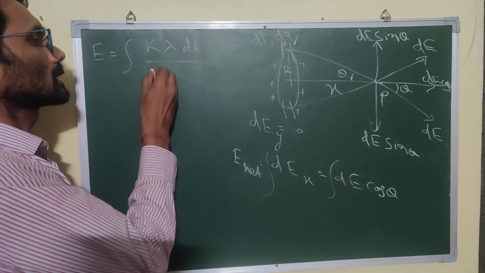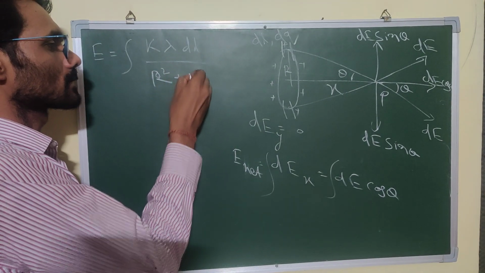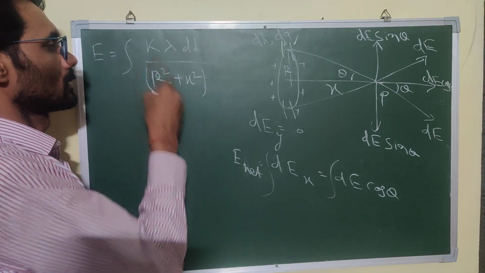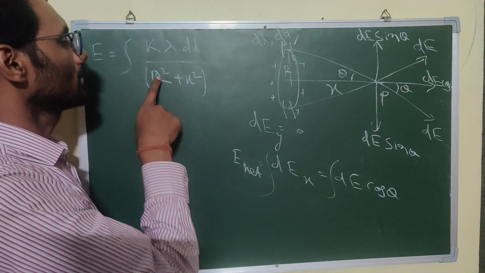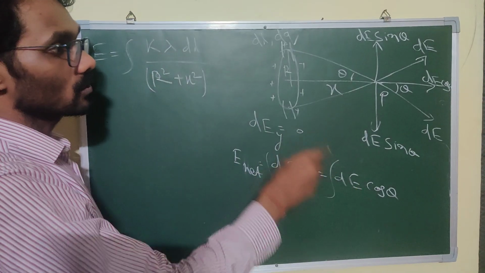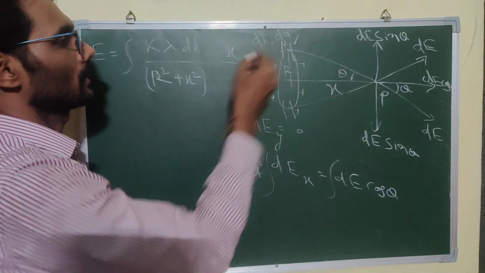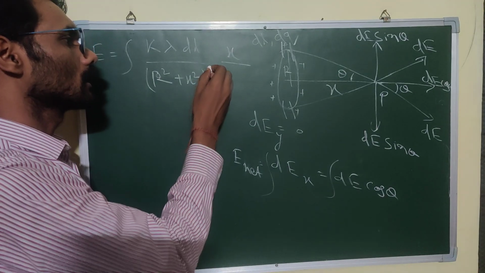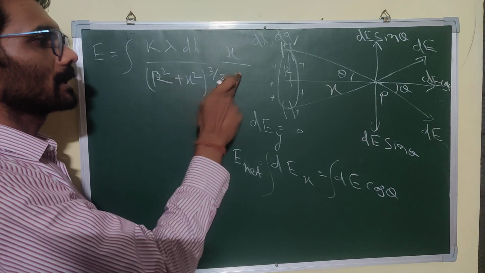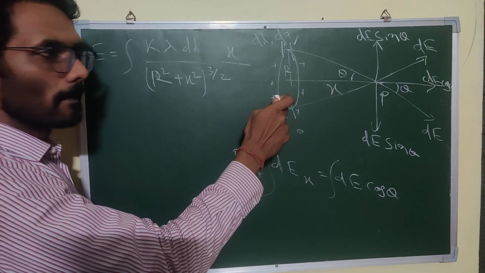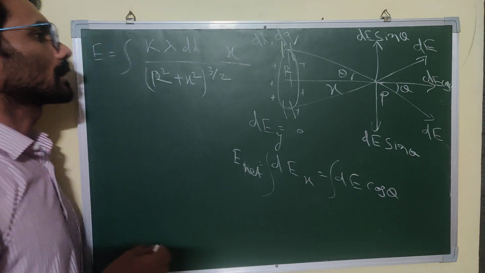So the distance is, sorry, capital R square plus x square, under the square root, only this much. Cos theta is x by, again, square root of R square plus x square. Here power 1, here power 1 by 2, so directly power 3 by 2.